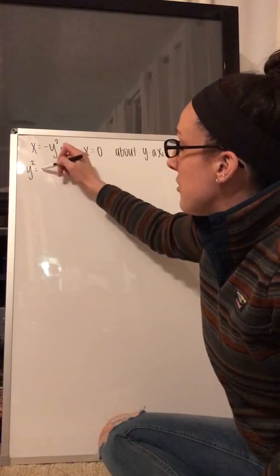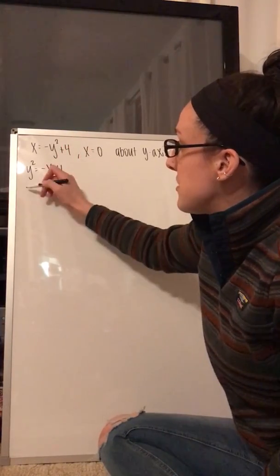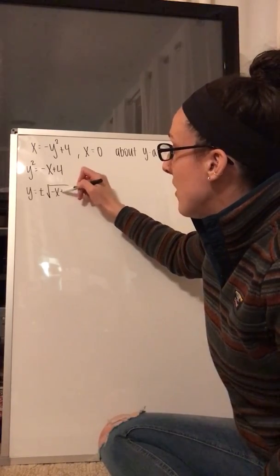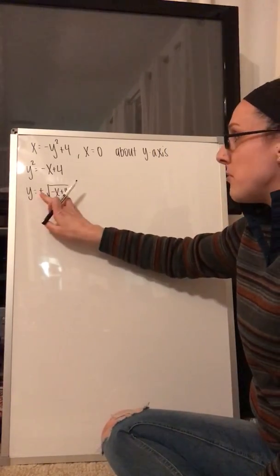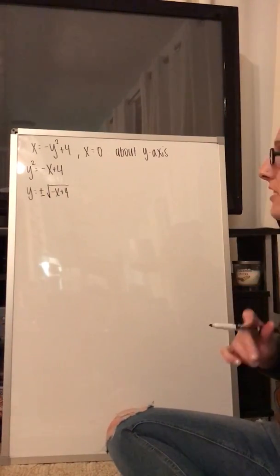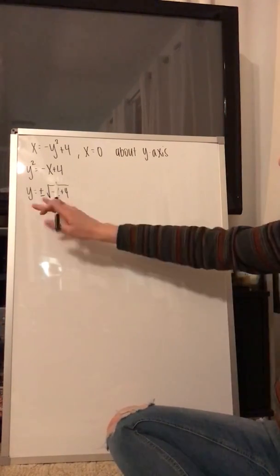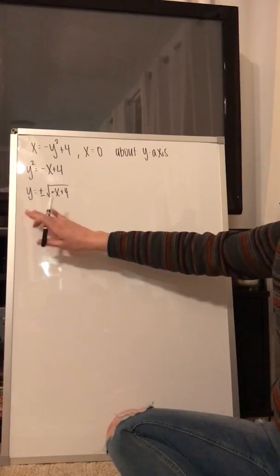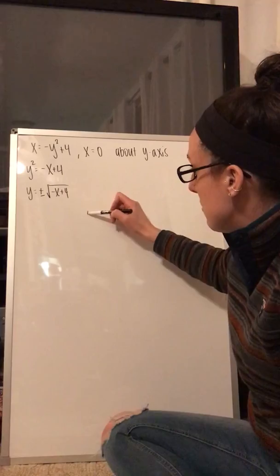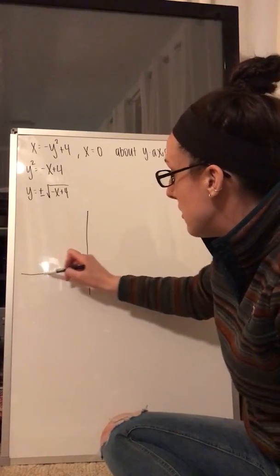I'll bring the x to the other side. Take the square root. So it tells me that it's a little bit messy, y is going to be equal to plus or minus the square root of negative x plus 4. And you can use your graphing calculator to help you actually see what that graph is going to look like. I'm going to sketch this out down here.